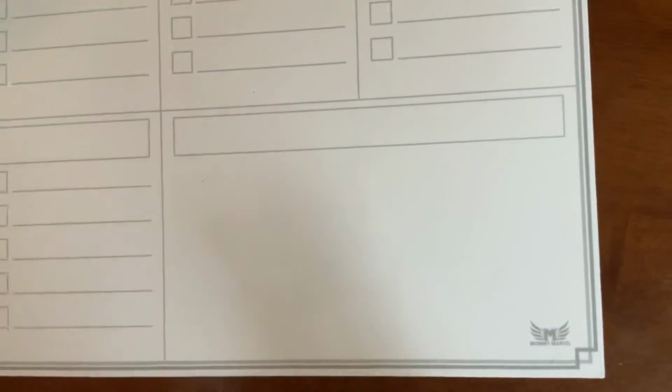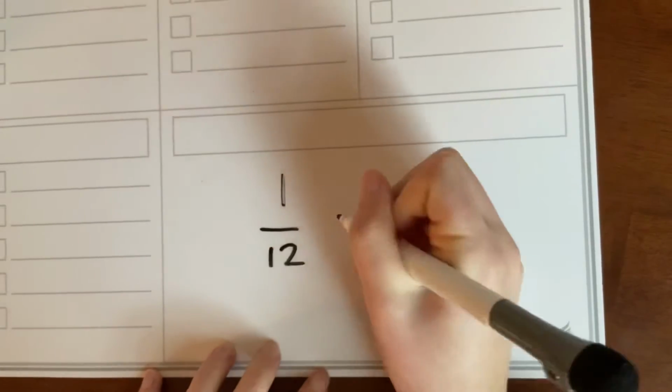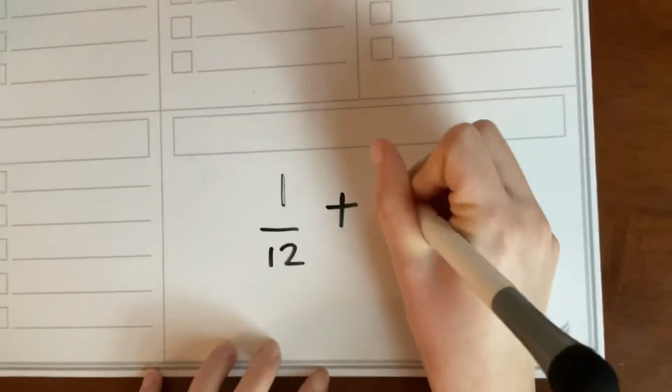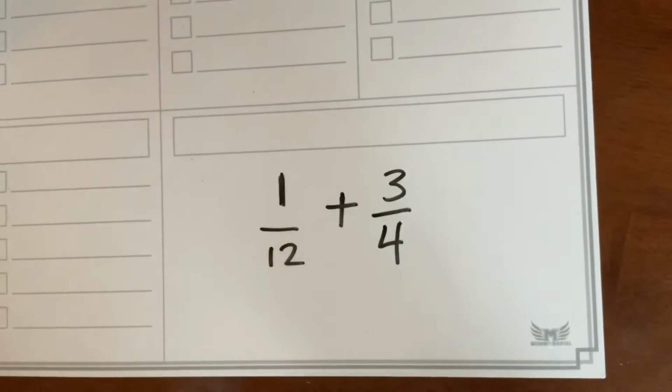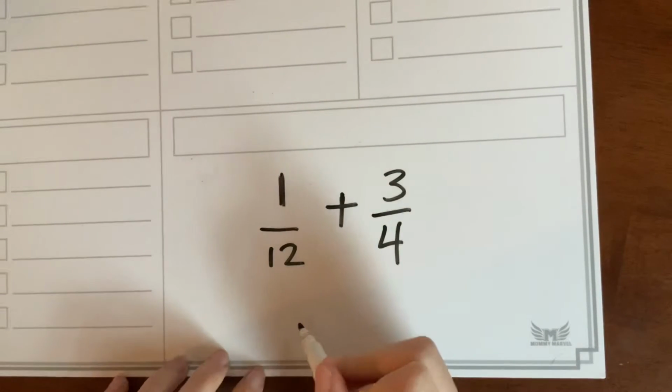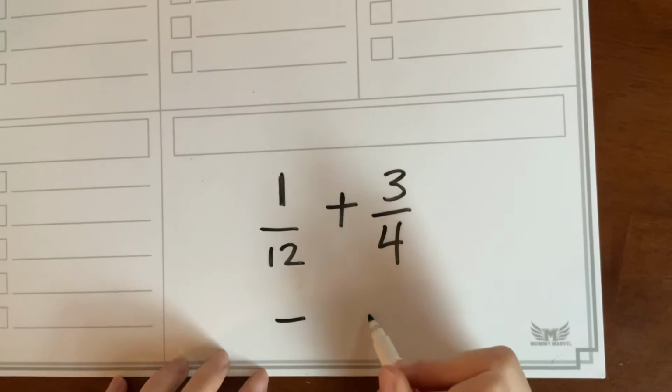So your first problem is going to be 1/12 plus 3/4. Okay, I gave you an easier one to start out with. You should be writing this on your board right now. To refresh your memory, what we need to do first is find our least common multiple of 12 and 4.